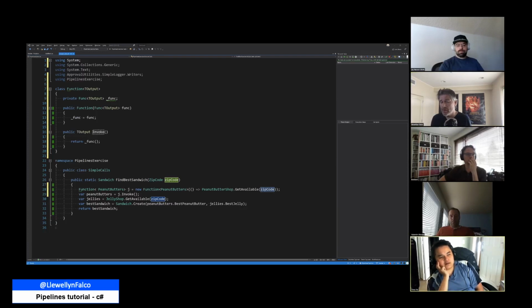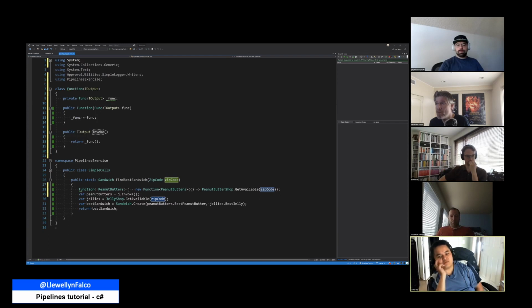But then what happens if those methods require internal state? They do. So can we still do this function? Zip code is internal state.